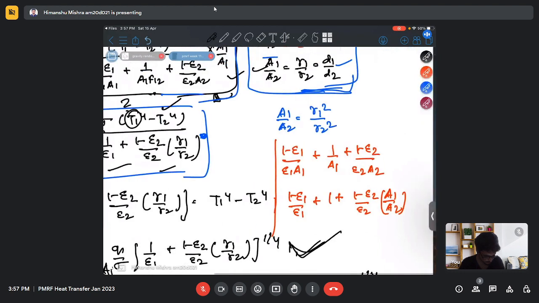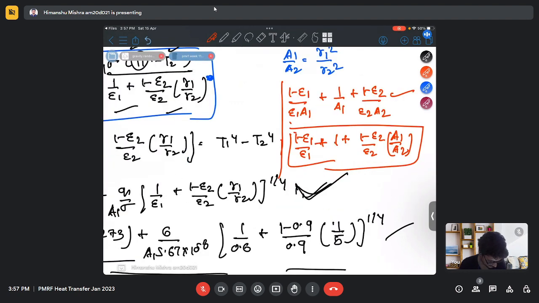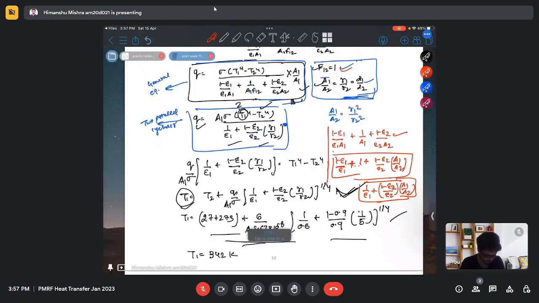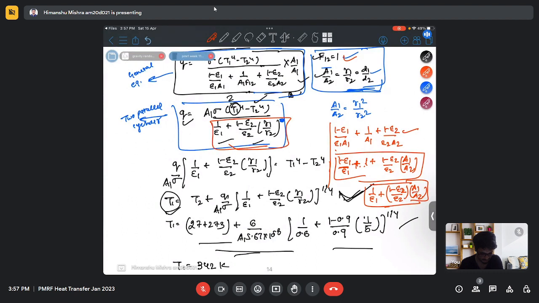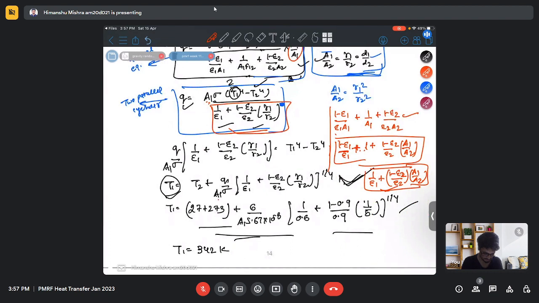By doing this, I can write the expression like this. Now I can further simplify by adding 1 to this expression, so I will get 1 by epsilon 1 plus (1 minus epsilon 2) by epsilon 2 times A1 by A2. This will be my modified resistance for the cylindrical case. I get this when I multiply and divide the heat transfer relation by A1. So yes, I missed A1 here.